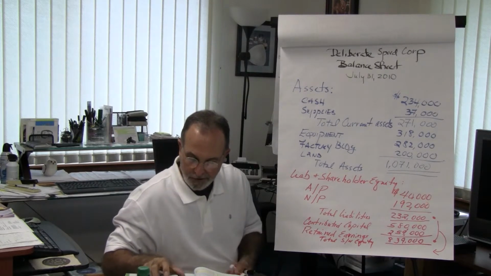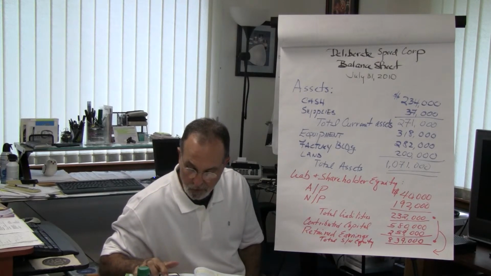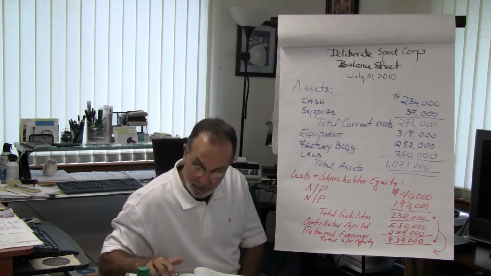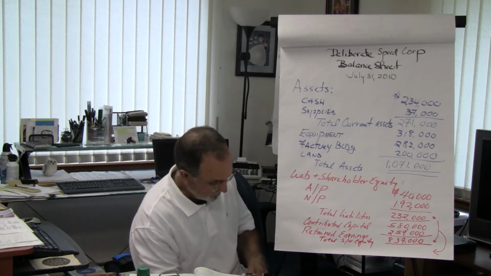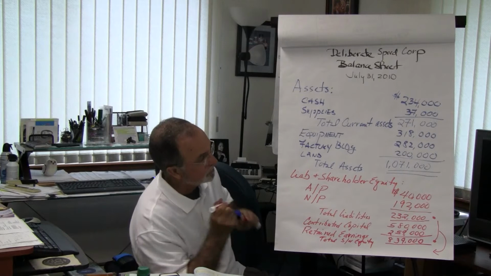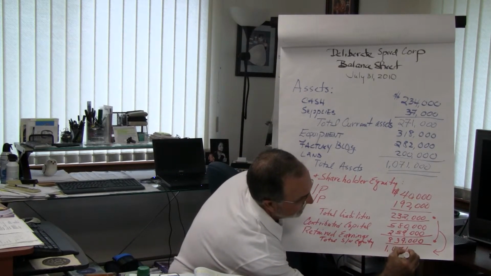And I'm going to use my calculator for that one. And that is 232 plus 839. And what do we want it to equal? Our total is $1,071,000.